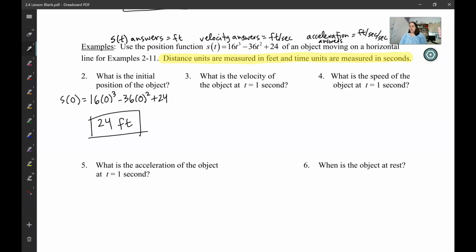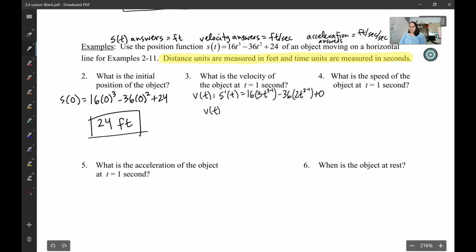Okay, now I have the velocity of the object at t equals 1. So first I need a velocity equation. So I need to find s prime of t. So the 16 stays out in front, and then I do my rule on t cubed. 3 goes in front, and then I minus 1. Minus 36 goes in front, do my rule on t squared. 2 in front, minus 1. And then derivative of a constant is just 0.